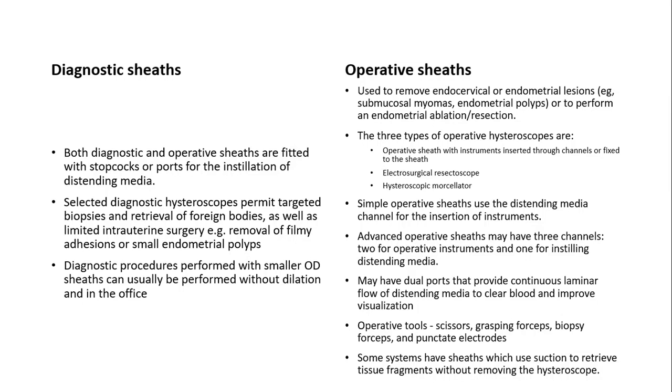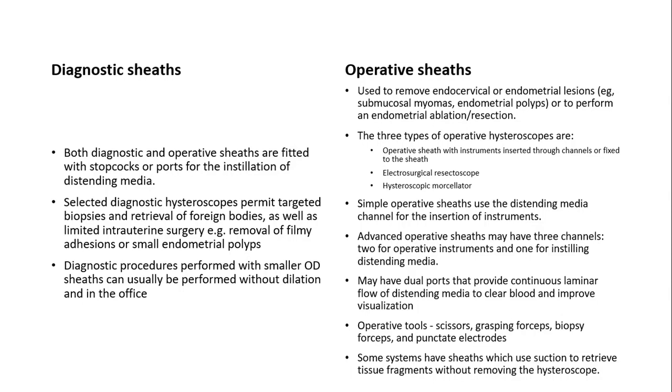Simpler sheaths will use the same port where the distending medium is going through, and that's where you also insert your instruments, whereas more advanced sheaths will have 3 channels where you can insert 2 operative instruments at the same time, and one for instilling the distending fluid.